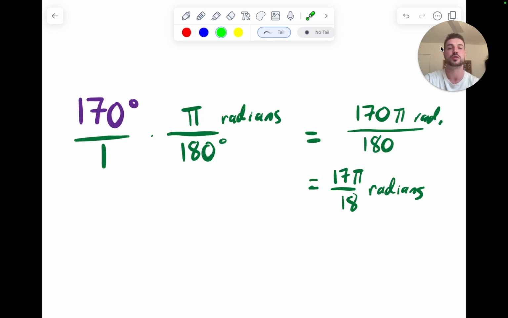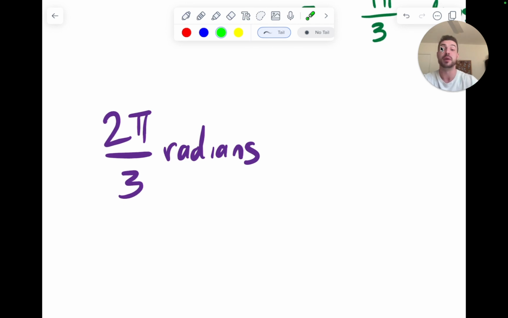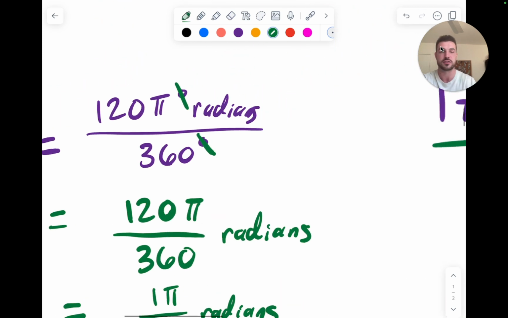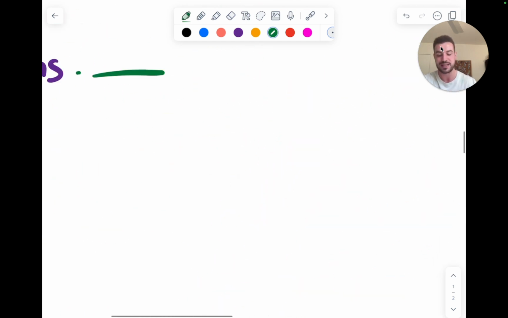Now, the last thing I want to do is cover radians to degrees. So it's exactly the same idea, but now we want to get rid of the radians. So what that means is my radians is technically a unit. The unit will belong in our numerator for now. What I am going to do is put my radian measurement from our earlier fractions, and let's use this one because the values are a little bit smaller, in our denominator.